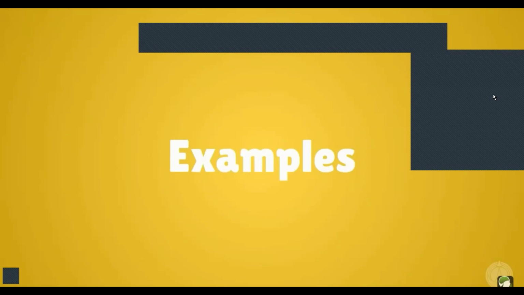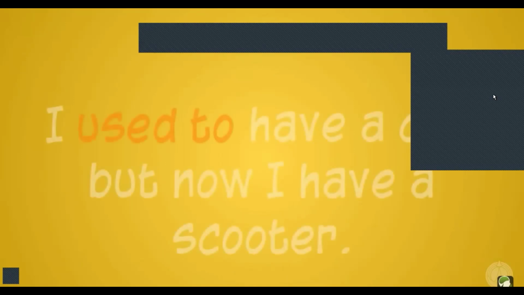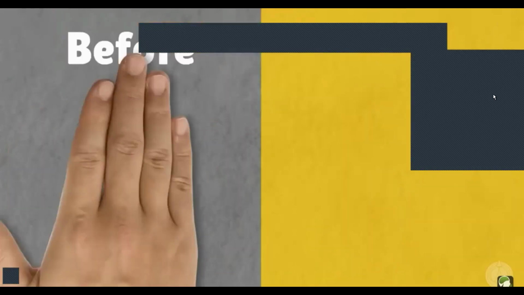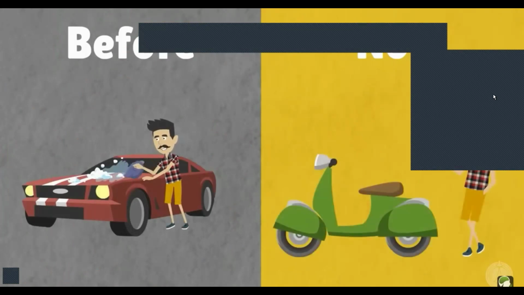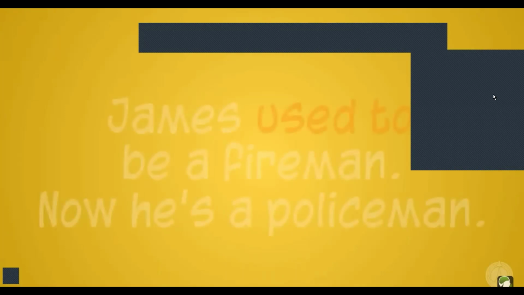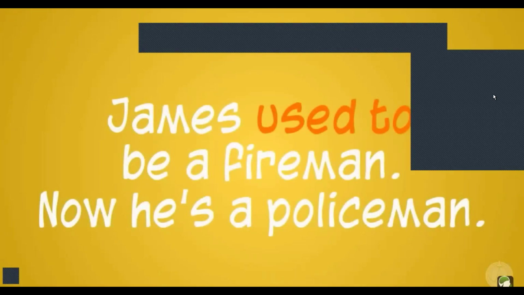Examples. Example 1. I used to have a car, but now I have a scooter. Example 2. James used to be a fireman. Now he's a policeman.